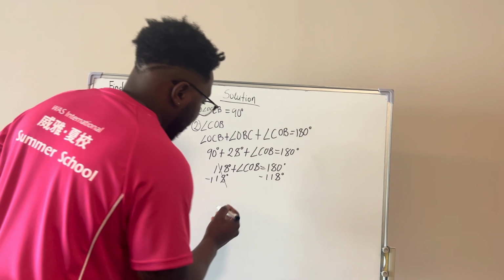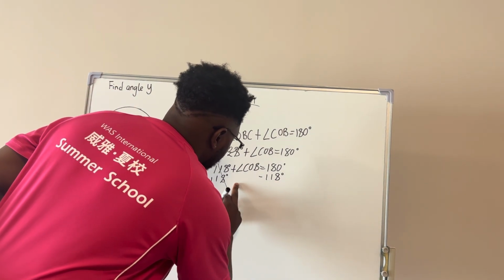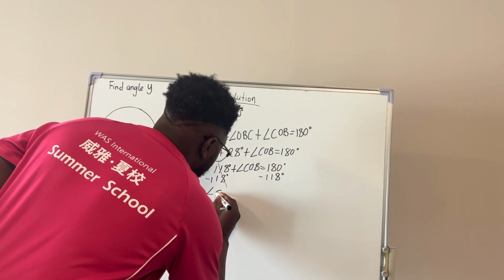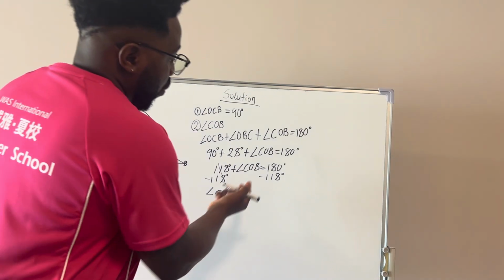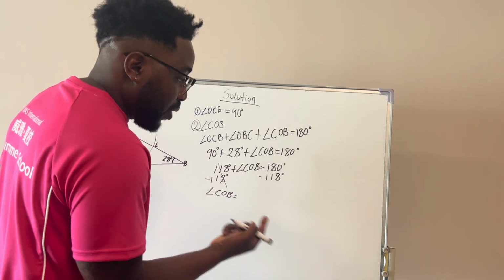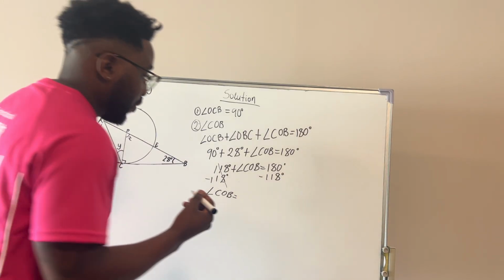We shall remain with angle COB is equal to 180 minus 118. That gives us 62.